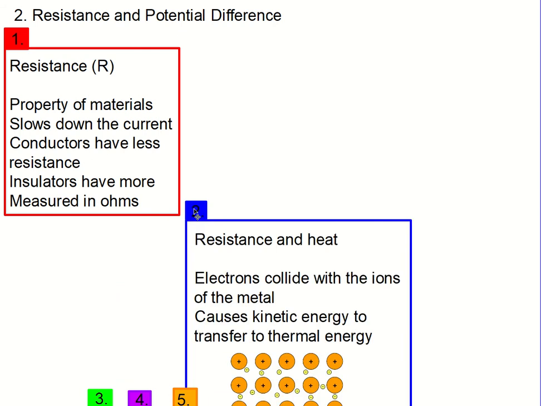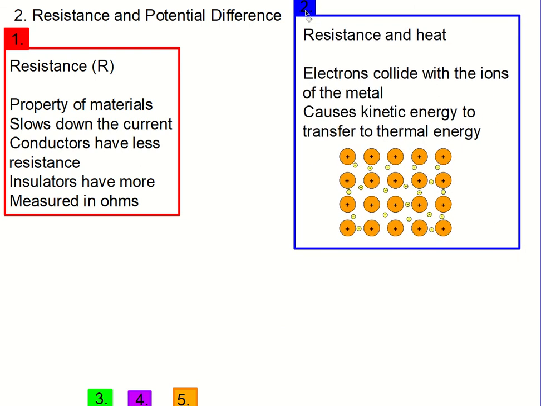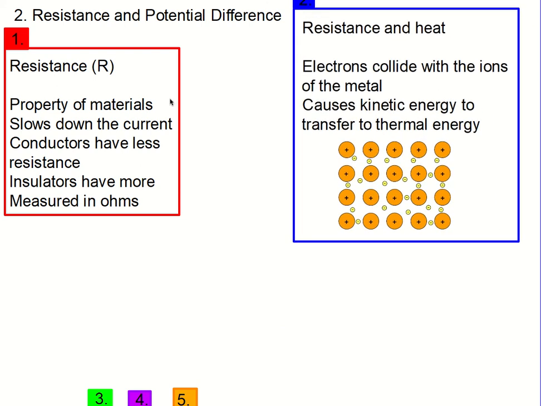So what causes resistance? We've got my solid again drawn here, so my metal ions and my electrons, and remember these electrons are free to move. If I place a potential difference, or stick this into a circuit with a battery, I can cause these electrons to move in whatever direction I want.